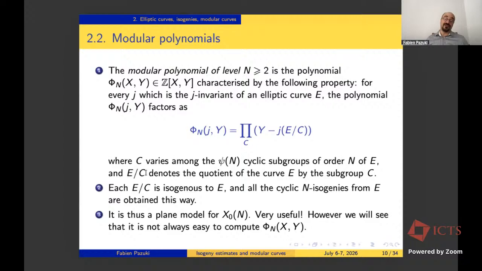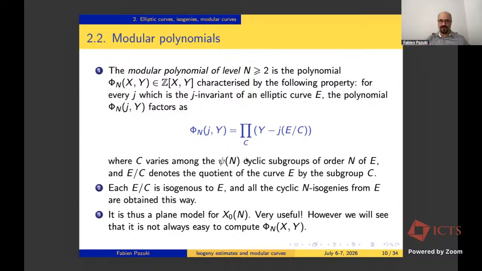Actually, we do have even some formulas describing that elliptic curve depending on the points in C, which are called Vélu formulas. Anyways, this is a parenthesis. So this is an elliptic curve. This elliptic curve by construction will be n-isogenous, with a cyclic isogeny, to E. So from E to E over C, you'll get the cyclic isogeny of degree n. So this is precisely what you care about.